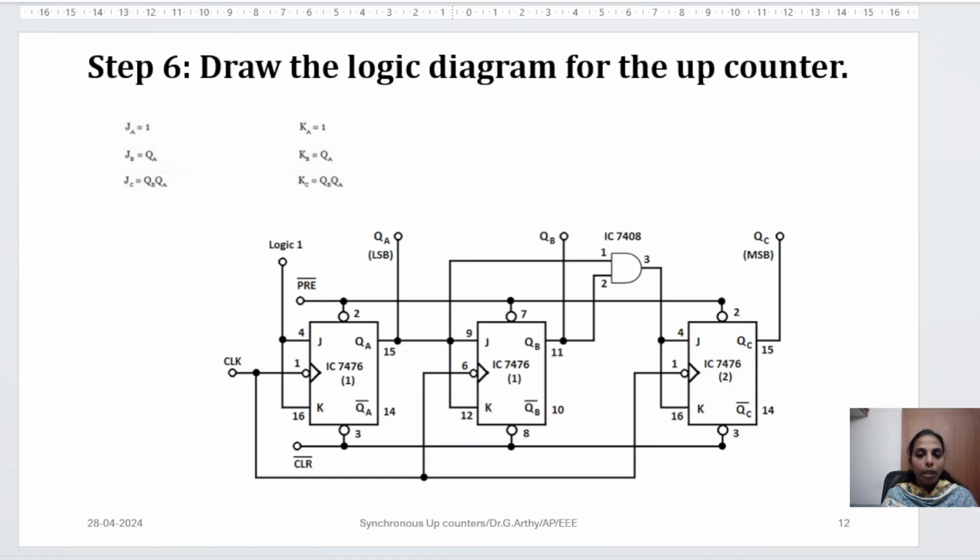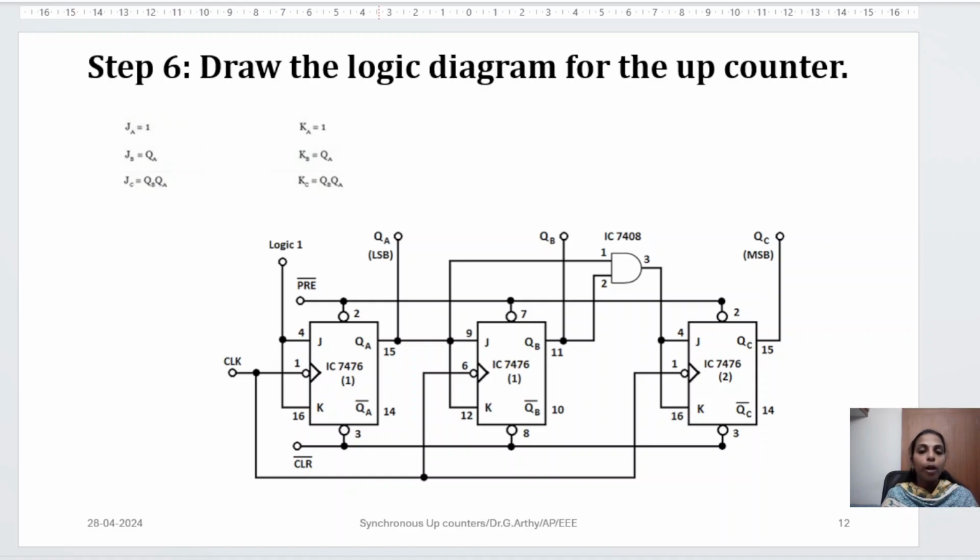So we'll take QA from here and QB from here. Using an AND gate, we find QA AND QB, and that is given to JC and KC. This is how the inputs are given to all the flip-flops.